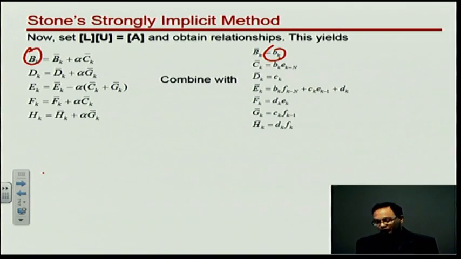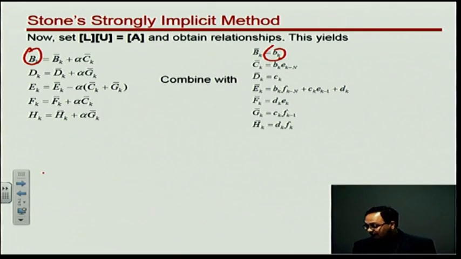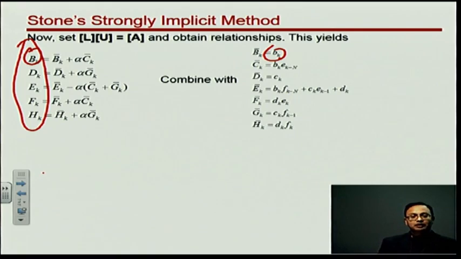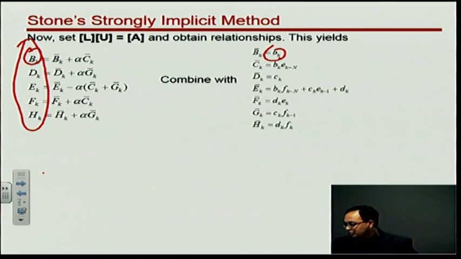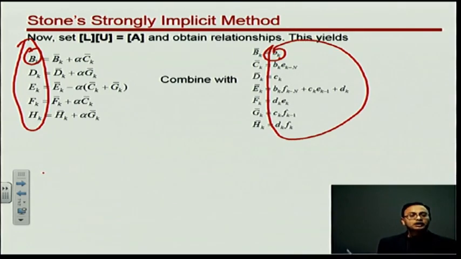Remember what you have when you have the PDE that you've discretized. You have these 5 guys. That's all you have. From those 5 guys, what you need to do is derive these guys so that you can solve L times y equal to R, and then U times delta equal to y.